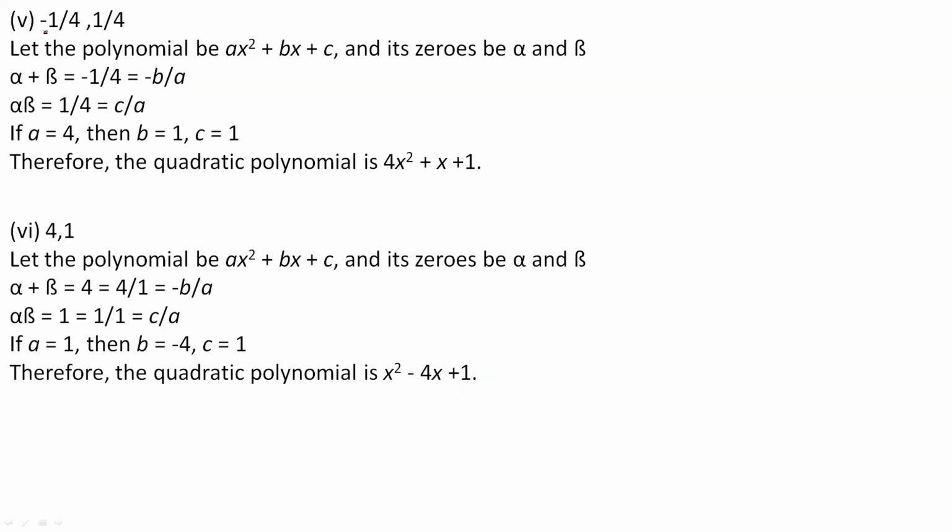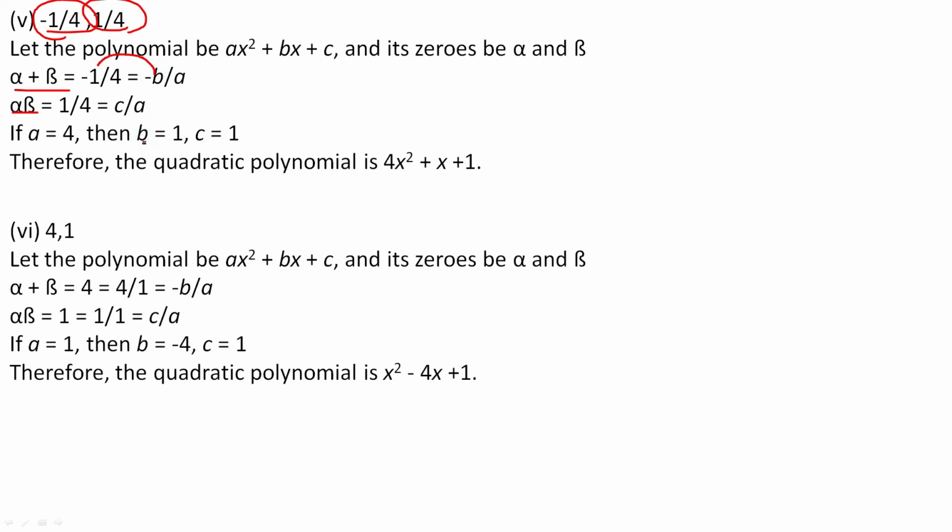Again, the sum of the zeros of the polynomial is minus 1 by 4 and the product is 1 by 4. So alpha plus beta, sum means plus, alpha beta multiplication, is 1 by 4, here minus 1 by 4, minus b by a. Instead of minus b here what value is there? Minus 1.